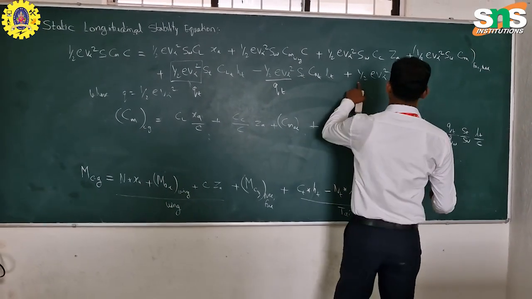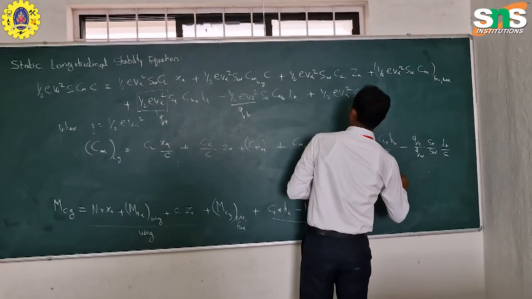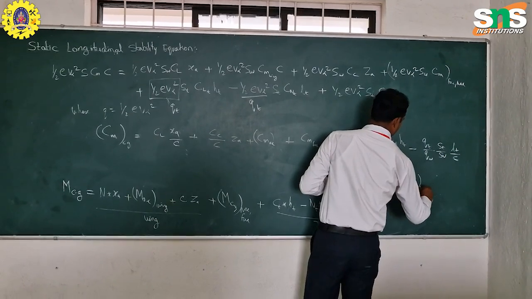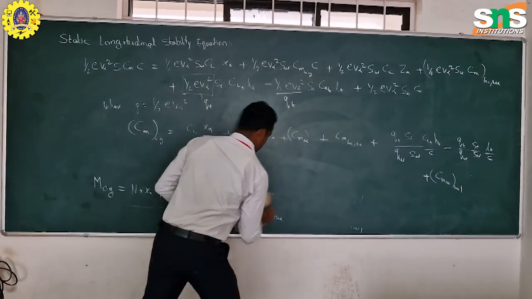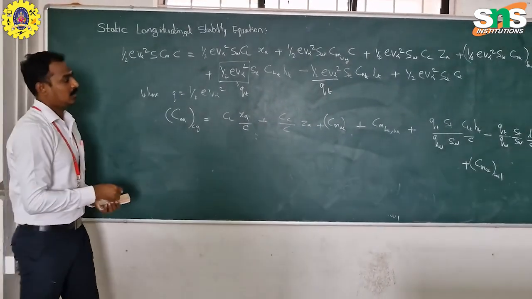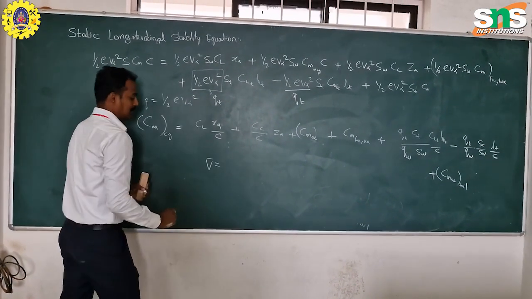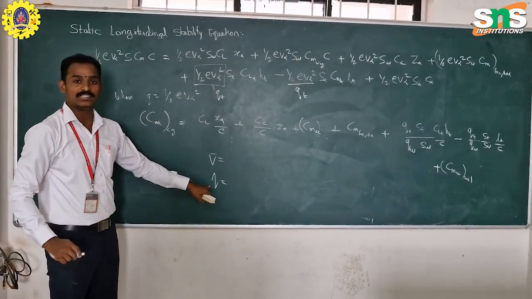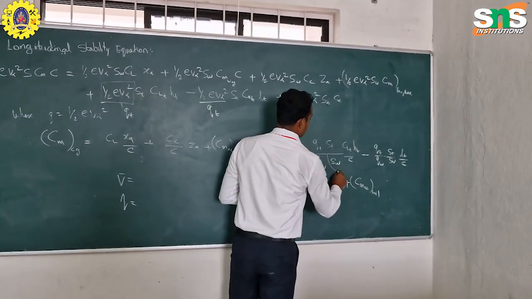L T plus this term, it is the C M aerodynamic center of tail. So here this is the tail volume ratio and this is the tail efficiency.